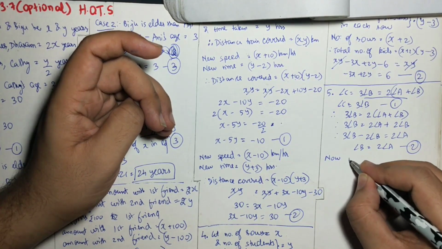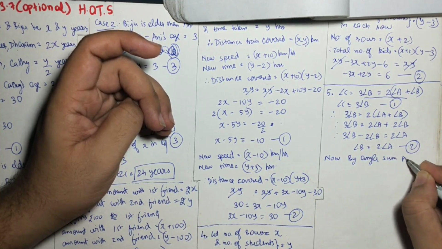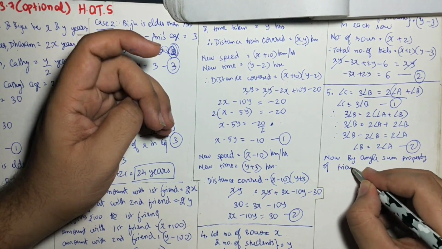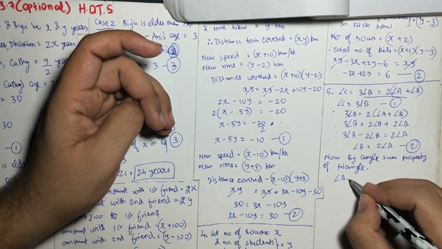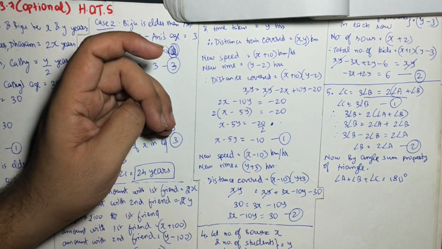Now, by the angle sum property of a triangle, we have angle A plus angle B plus angle C equals 180.